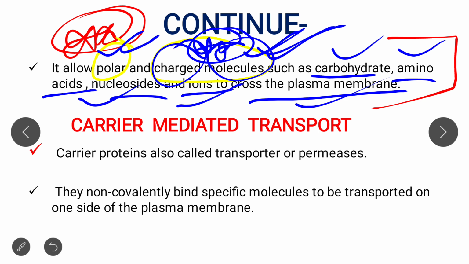Now I have one question for all of you. If you watched my previous lecture on simple diffusion, can you tell me what are the molecules that easily or simply diffuse across the plasma membrane with the help of simple diffusion? Just give me one example.